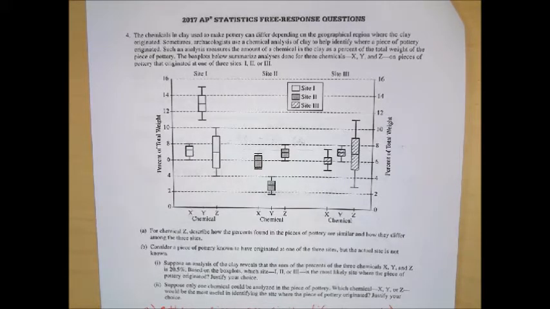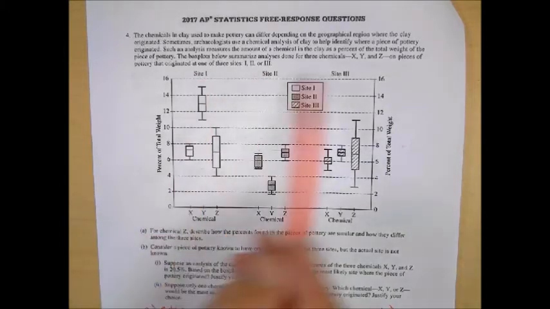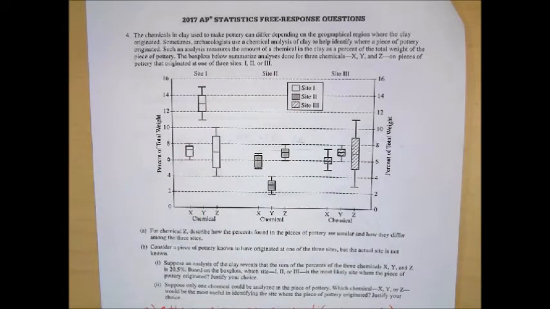Now, the problem is this. They are analyzing 3 different chemicals, chemical X, chemical Y, and chemical Z, within the clay components of the artifacts at 3 different sites, site 1, site 2, and site 3. Okay, so like I said, it might take a couple seconds just to figure out what this is all about.